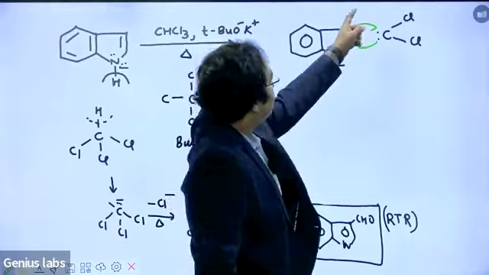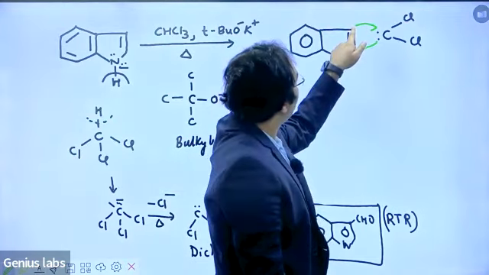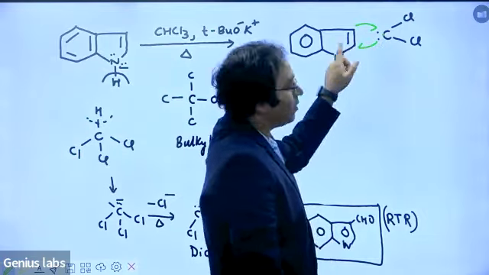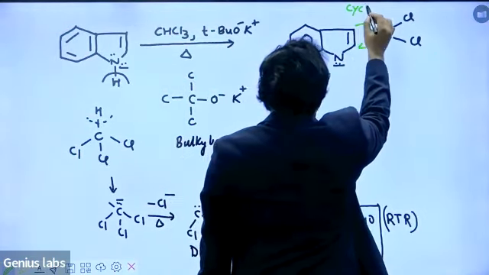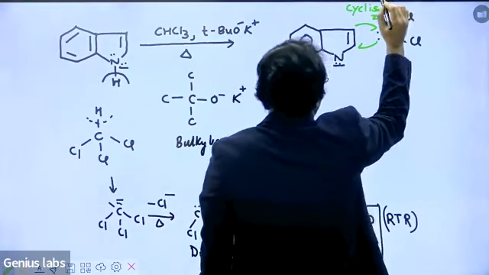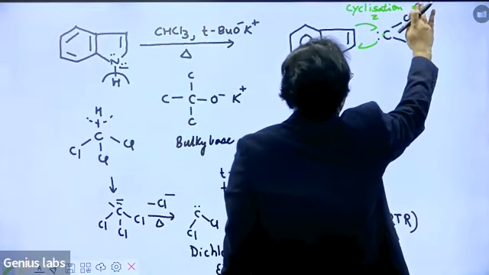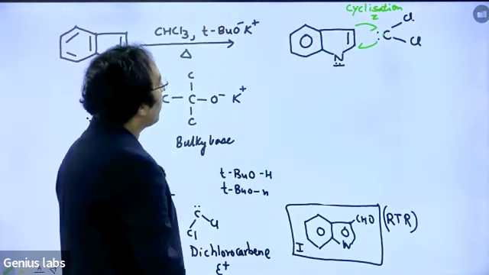Basically, it's a free radical reaction which happens here. So this double bond breaks, the radical clubs here, radical clubs here. What is this called? This is called the cyclization process. Cyclization via carbene. Okay. Please draw this.